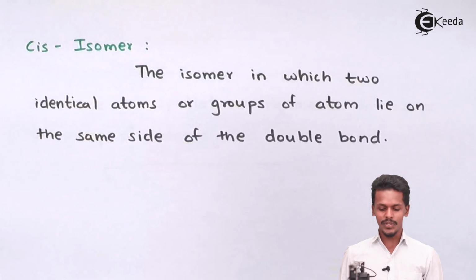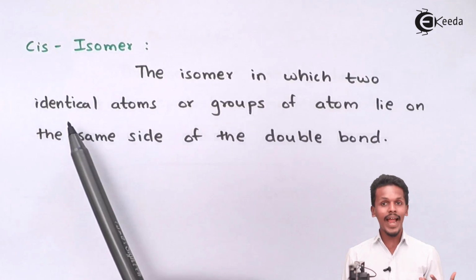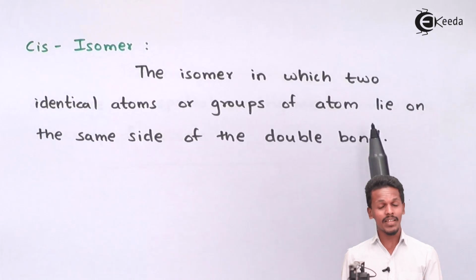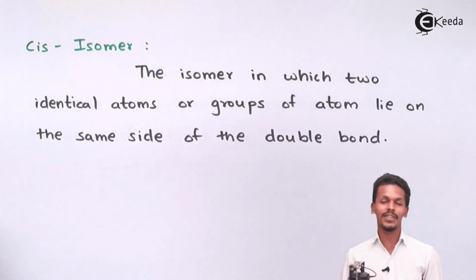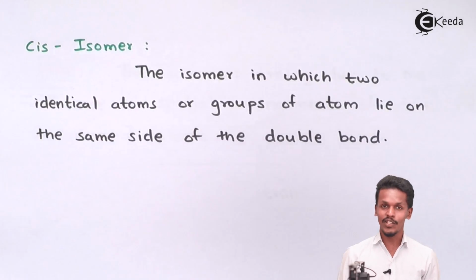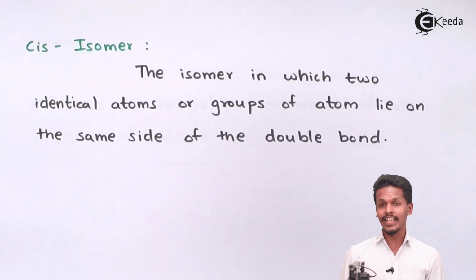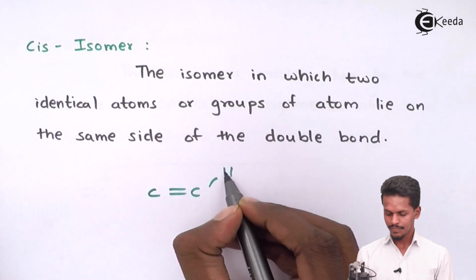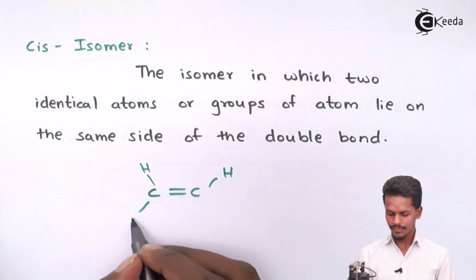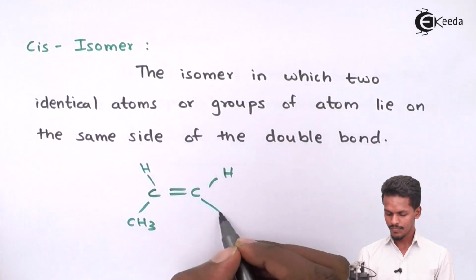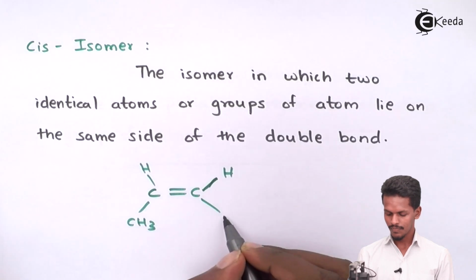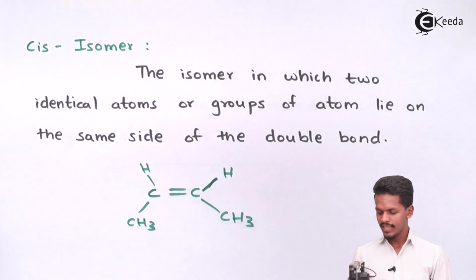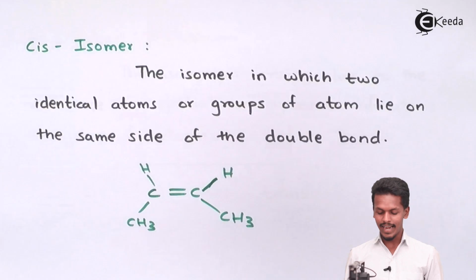Talking about cis isomer, the isomer in which 2 identical atoms or groups of atoms lie on the same side of the double bond is called cis isomer. Let me explain this with an example. Suppose this is the molecule that we have, and we know that it is a symmetrical isomer.